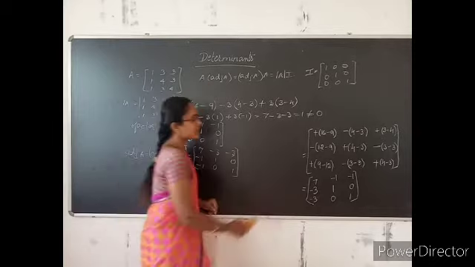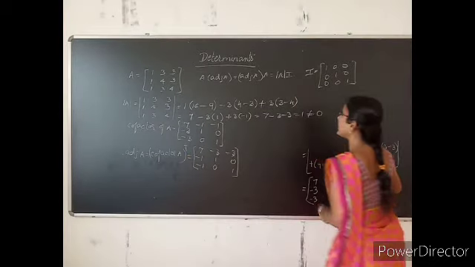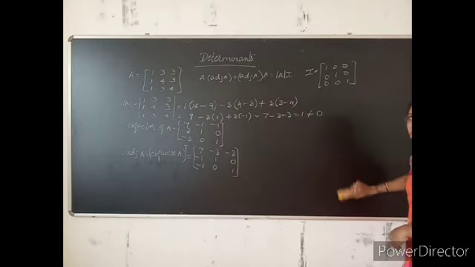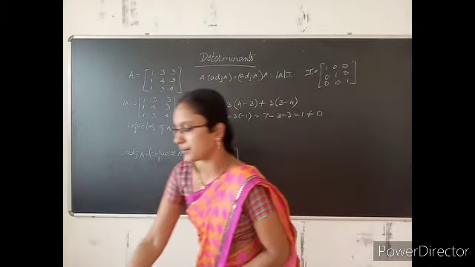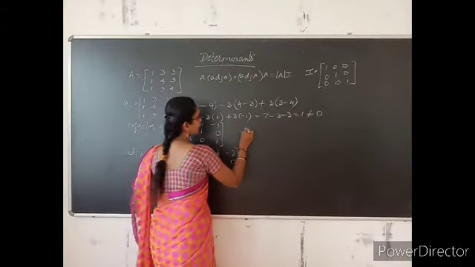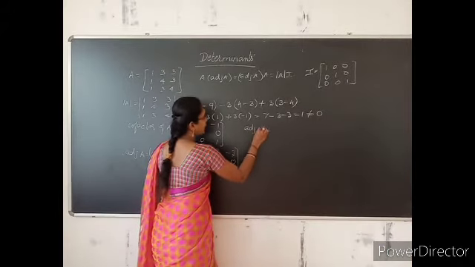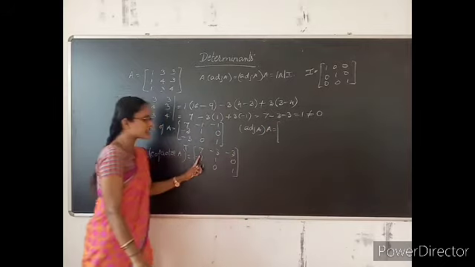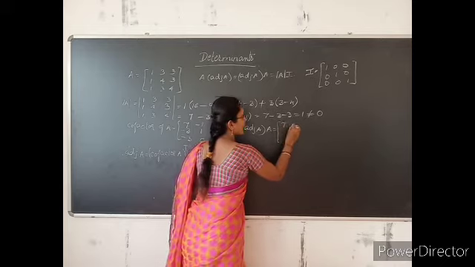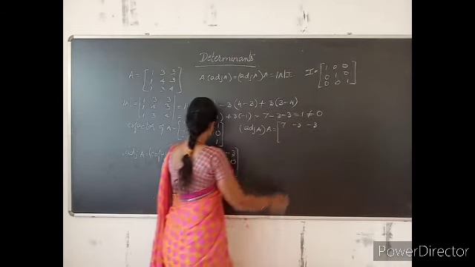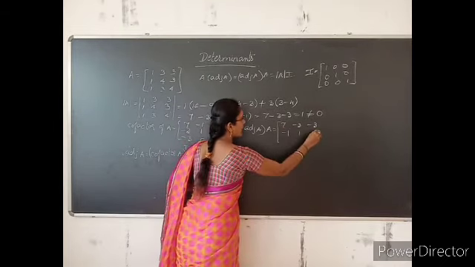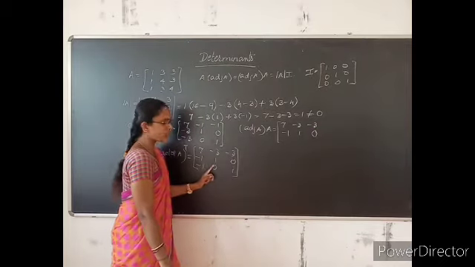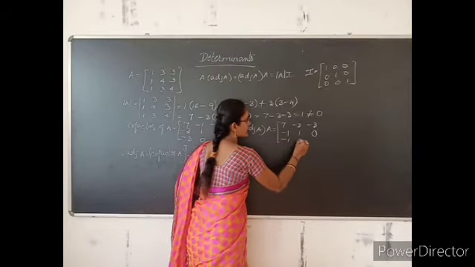Now we have to verify this one: A into adjoint A and adjoint A into A is equal to determinant of A into I. So let's find this one. Adjoint A into A. Adjoint A is this one: 7, minus 3, minus 3, minus 1, 1, 0, and minus 1, 0, 1.